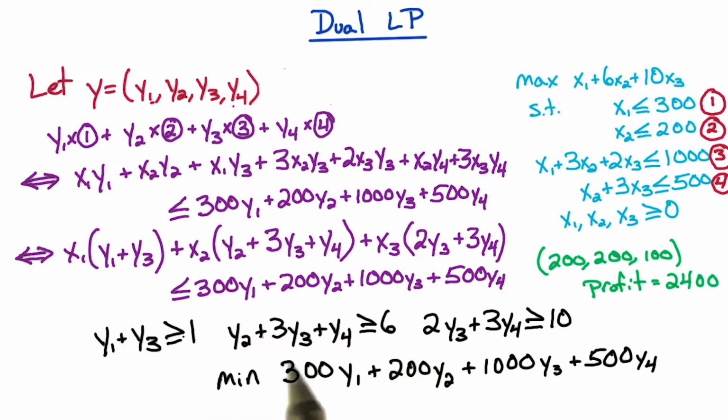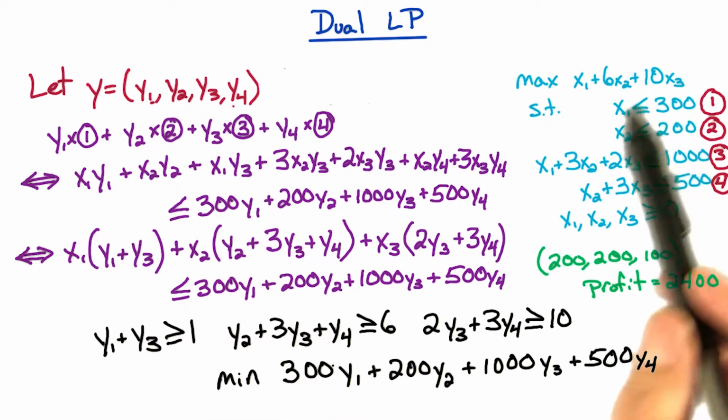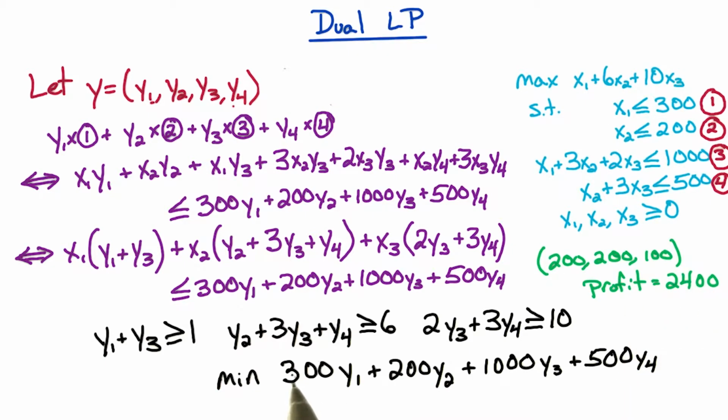And notice that all these numbers, these coefficients, are related to the original LP. Look, in our new objective function, where did we get 300, 200, 1000, 500 from? Well, these are the right-hand sides of the original constraints. So the right-hand sides of the original constraints tell us the coefficients for our new LP.